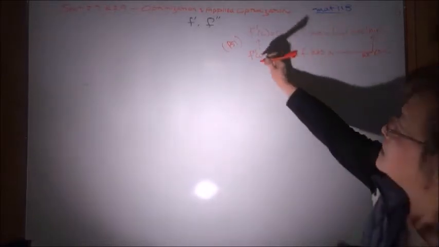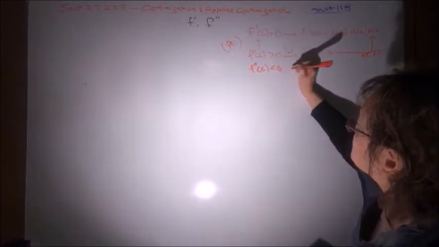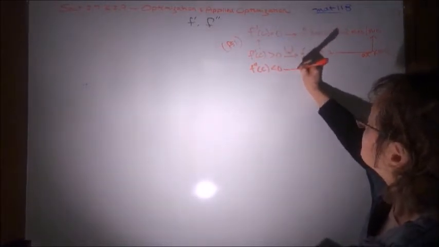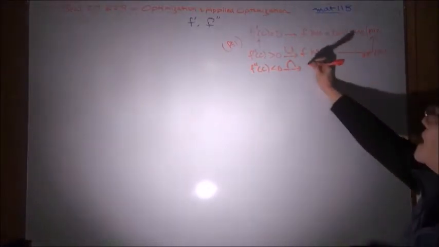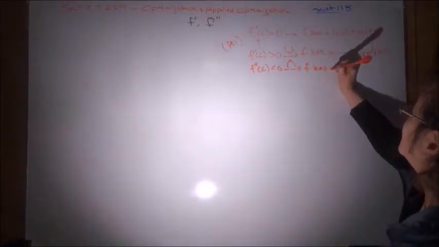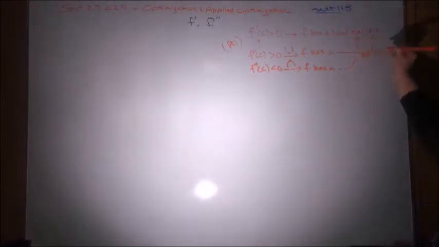Okay, and if f prime prime at year c is less than 0, it means concave down. Then f has a maximum at year c, right?